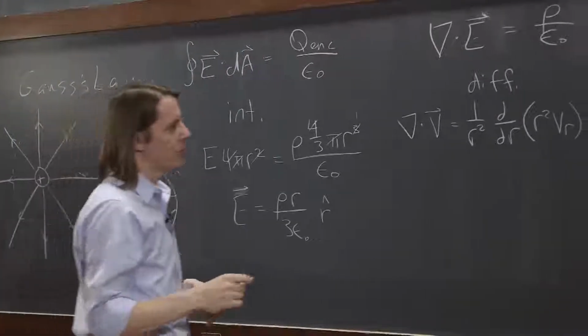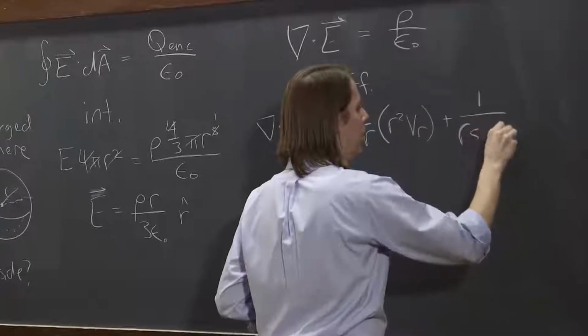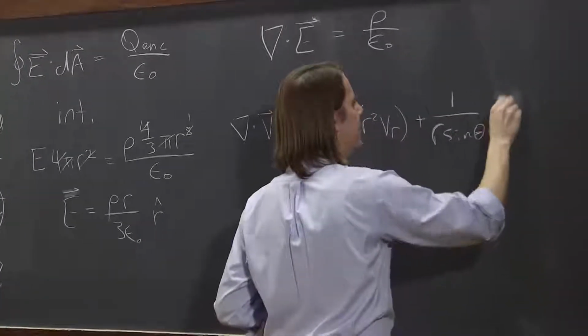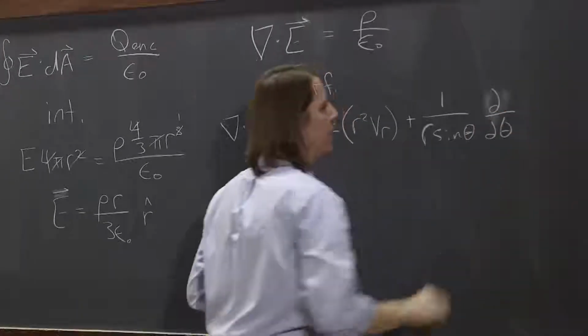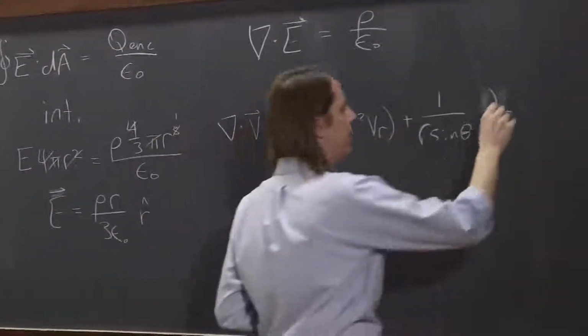And then it's 1 over r sine theta partial d d theta of sine theta V_theta.